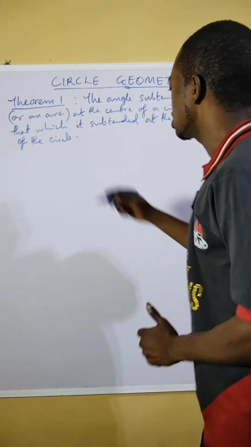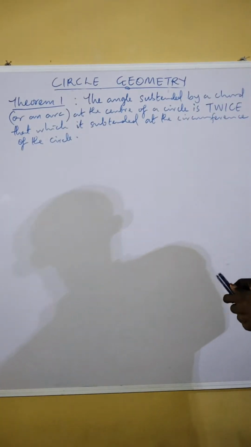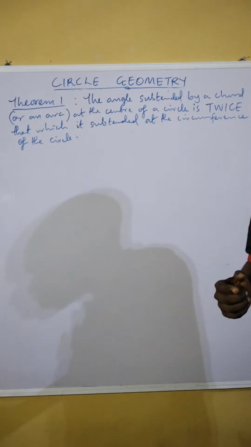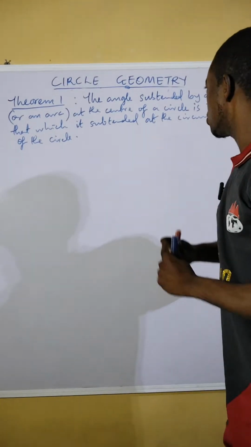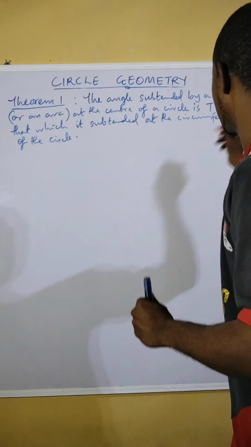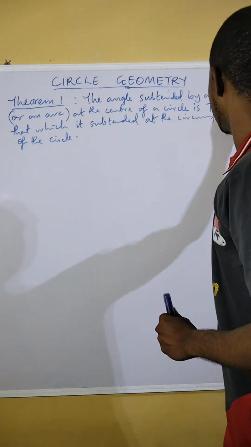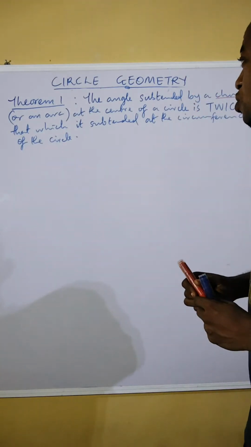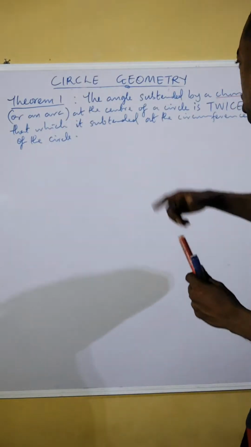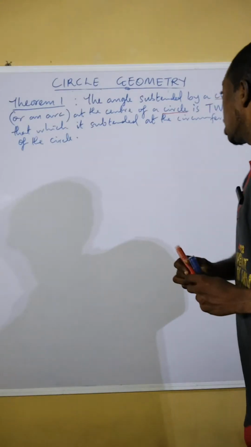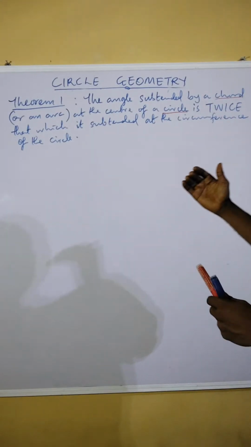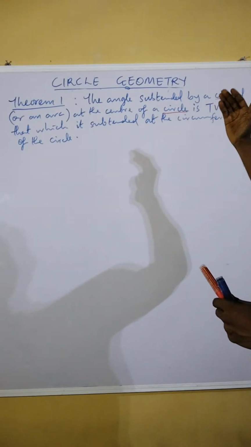So we have some keywords here which we need to identify. When we're talking about this now as theorem 1, we need to identify some keywords here. Is that the angle subtended by a chord? Yes, we are going to have a chord. Actually, we want to talk about a chord or an arc without first talking about a circle. So circle is very important, and the angle is obtained by this chord at the center.